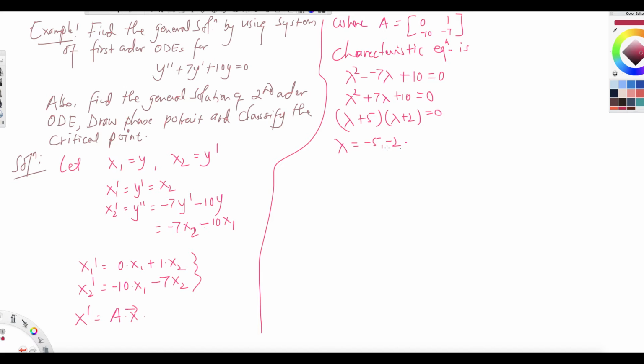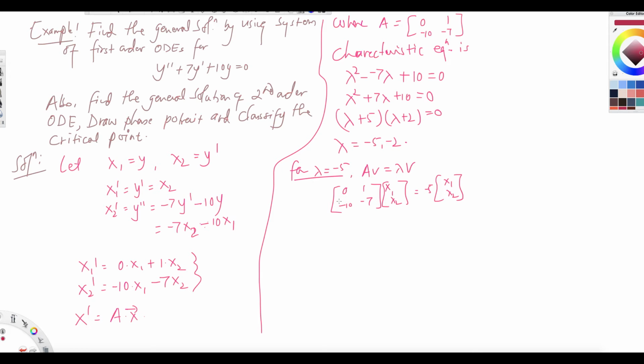All right, now we need to find the eigenvector for each eigenvalue, right? For lambda equals negative 5, what do you get? So you get A v equals lambda v, where v equals x1, x2, let's say. Okay, so what you get is A is 0, 1, negative 10, negative 7, times x1, x2, and then equals negative 5 times x1, x2.